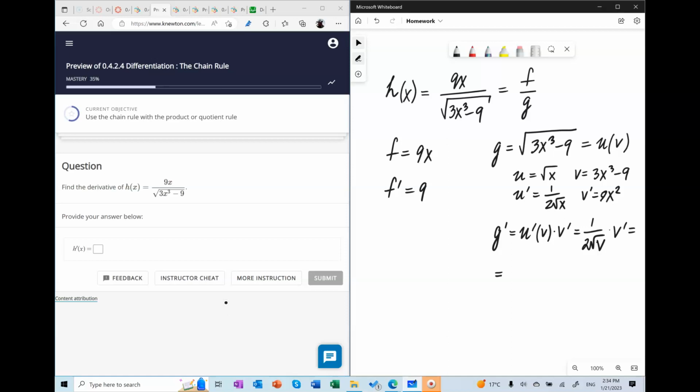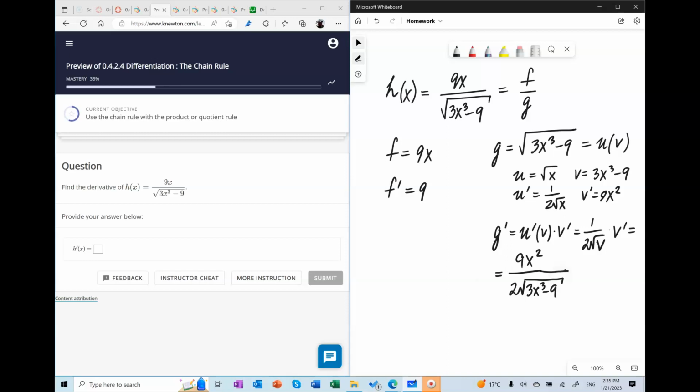So continuing with this computation, we get 1 over 2 square root of v, which is 3x cubed minus 9, multiplying by v prime, which is, I'll just write it in the numerator, 9x squared.